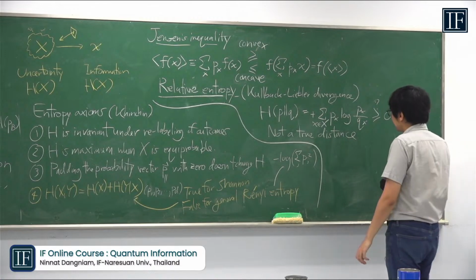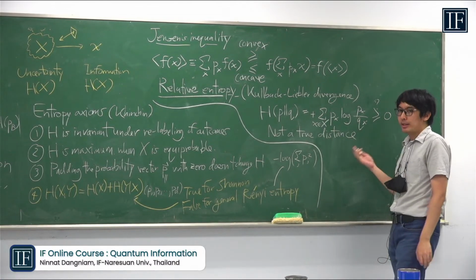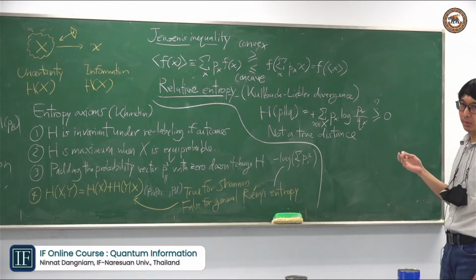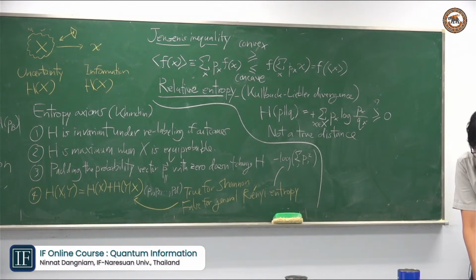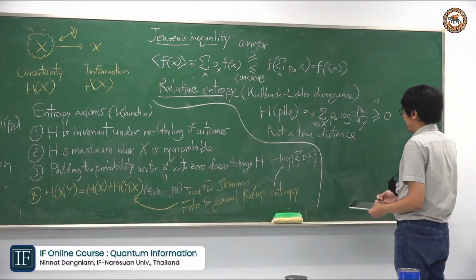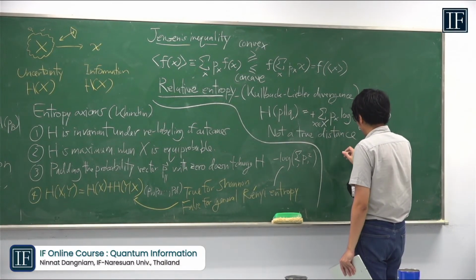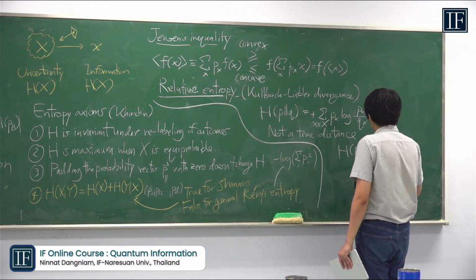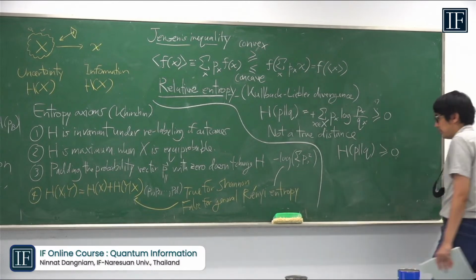But it's also a quantity that comes up as an intermediate step when you try to compute things. So, for example, I will try to show this first, that the relative entropy has to be positive.